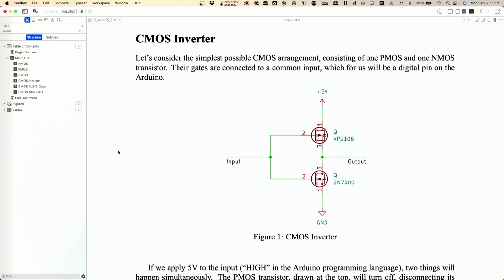The long side is on which side of the circuit? The positive side. So the short leg is the one that should be connected through the resistor to ground. Okay. So for the schematic, what's the only other thing we need to worry about? How do we know which pin's which on the transistors?